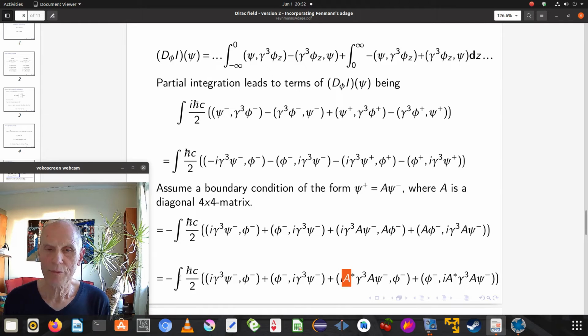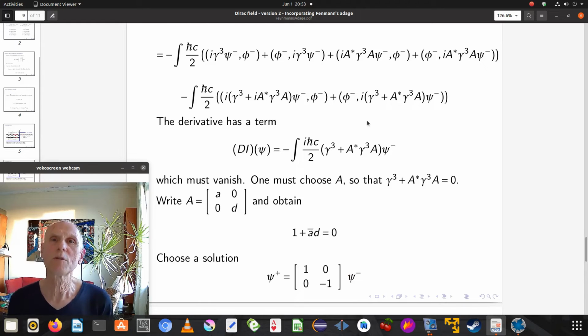On the next frame I've just copied this. As you see, finding the boundary conditions is actually challenging. This is the last line from the last page. And now we collect the terms with phi minus. That gives two terms. And now we see that we do have a symmetric expression.